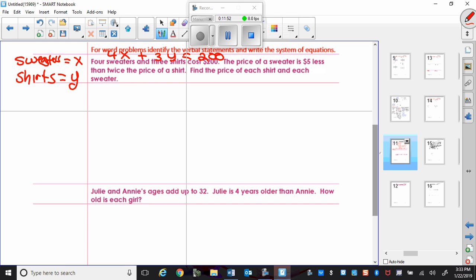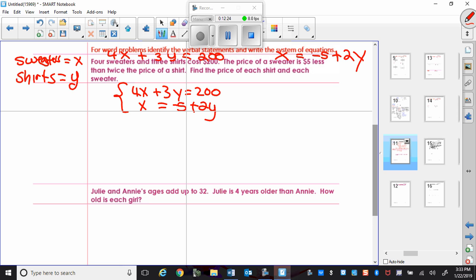The price of a sweater x is equal to, this is a negative 5. Remember, 5 less than, or less than is negative, less than twice the price of a shirt, so plus 2y. So I have 2 equations here. Here's my system. 4x plus 3y equals 200. X equals negative 5 plus 2y's.